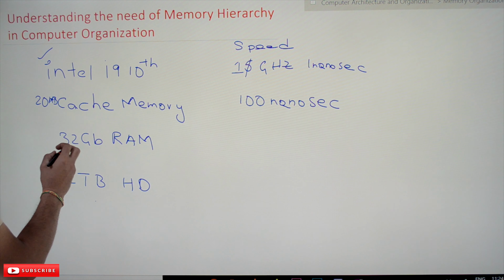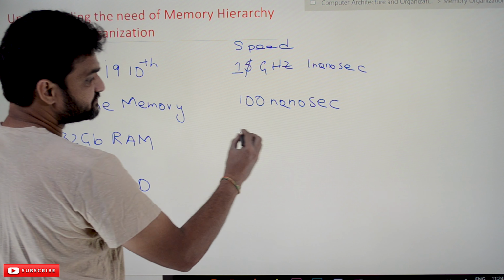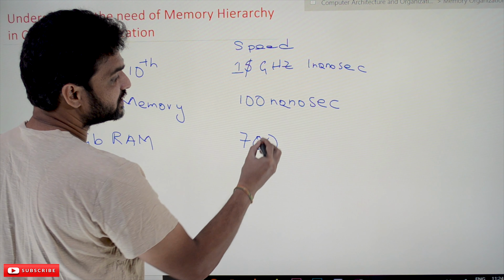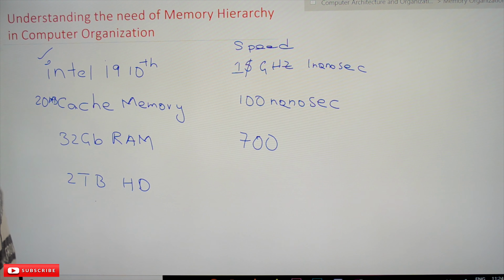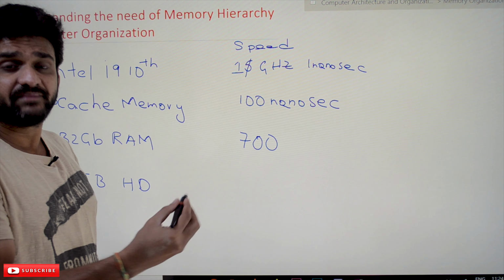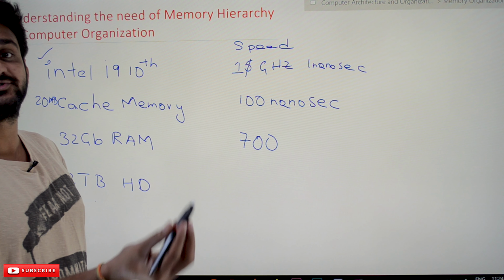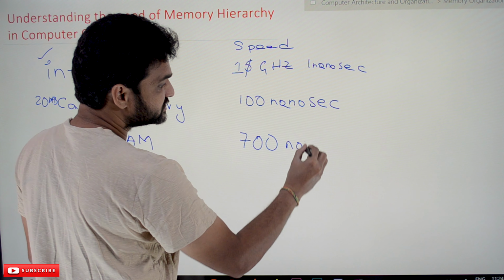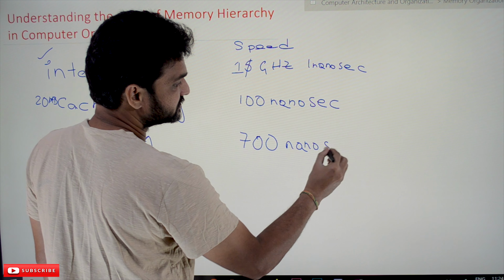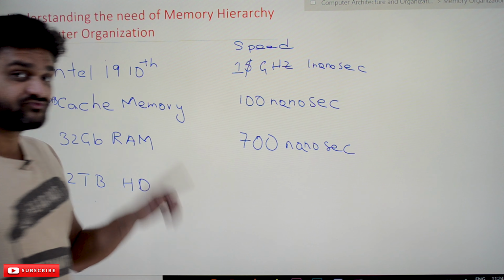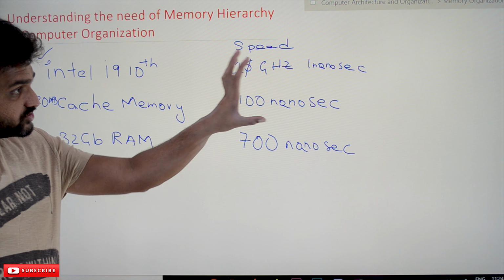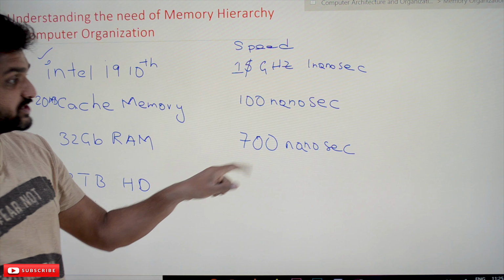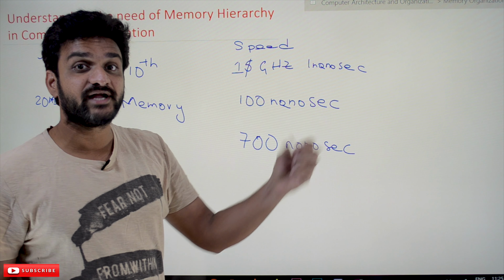Similarly, if you take RAM, usually the difference between cache memory and the RAM main memory is going to be at a ratio of 1:7. If cache works in 100 nanoseconds, RAM is going to take 700 nanoseconds. So in order to fetch a value from the main memory, it is going to take 700 nanoseconds.